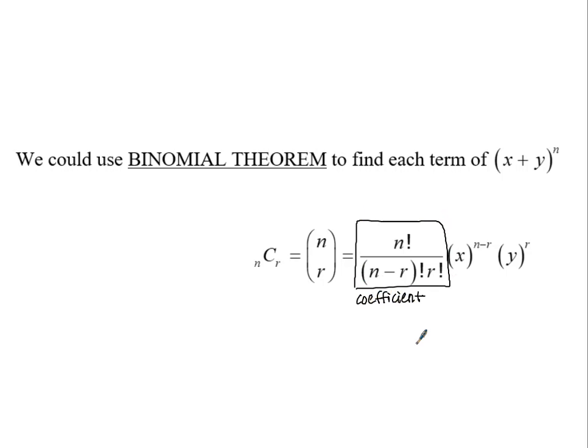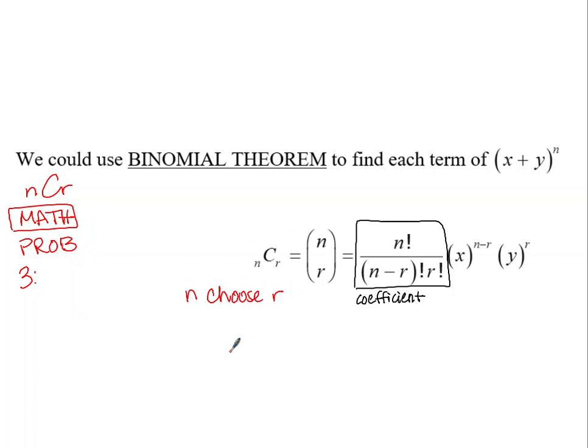So, if you need a reminder to find the combination in the calculator, nCr, you go to Math, you go over to Prob, and you click number 3. This is read as n choose r, and that will give you the coefficient.